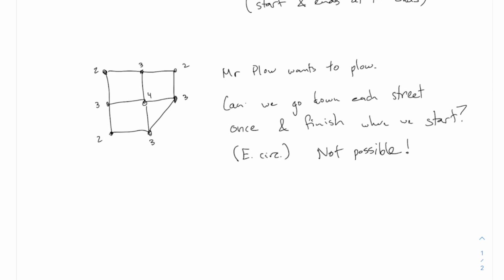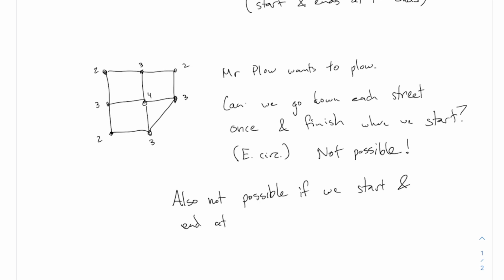Could we do it with the Euler path? That is, even if Mr. Plow starts at one spot and finishes at another spot. Is that possible in this graph? No, even that is not possible. So I will say it's also not possible if we start and finish at different points.